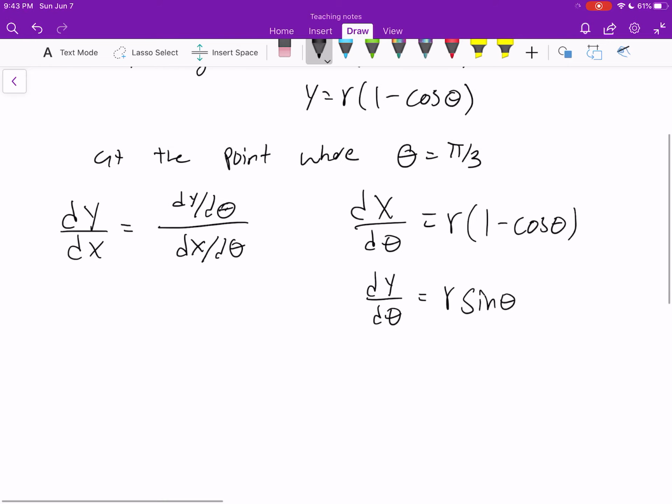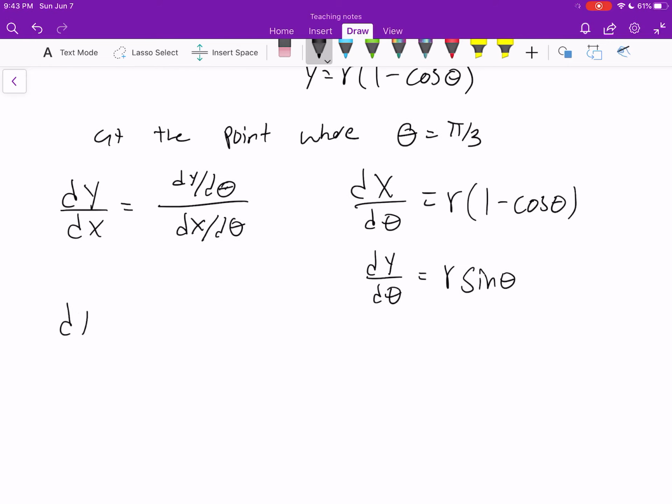When I plug this in, I'm going to get dy dx is equal to r sine theta over r times 1 minus cosine theta, and I can cancel out the r's. I'm going to get sine theta over 1 minus cosine theta.